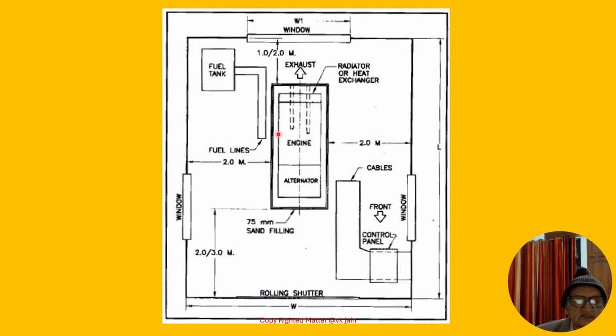You have to provide a rolling shutter for entry and two windows. One is for cross ventilation, and this is for side ventilation. And there may be a control panel and people sitting on that.